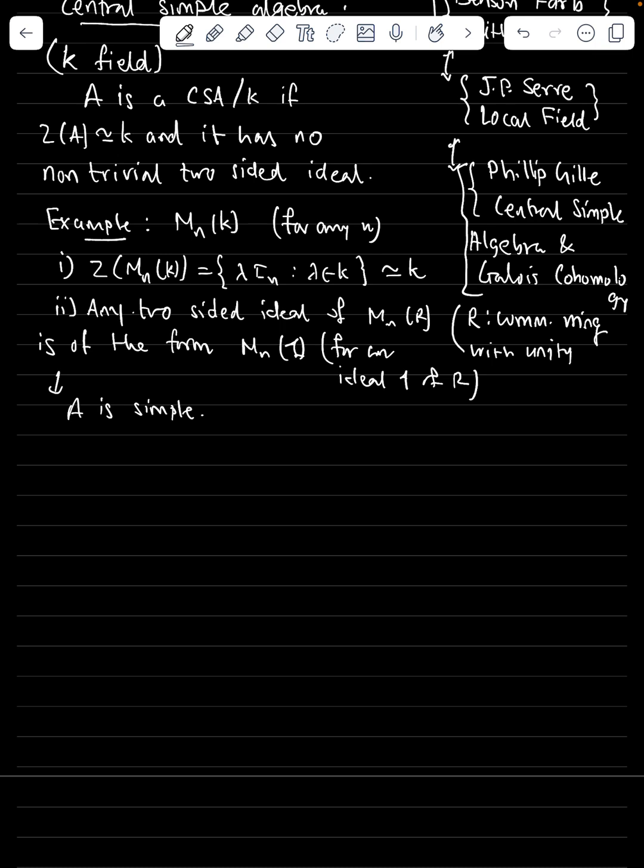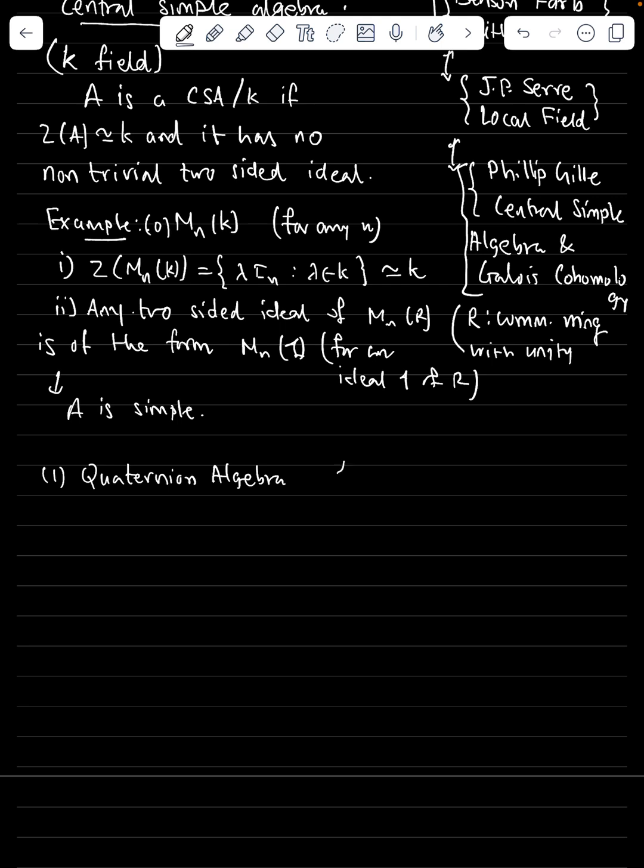And another example, let's call it example zero because it's really the most basic example that one can have, is called a quaternion algebra. What's that?